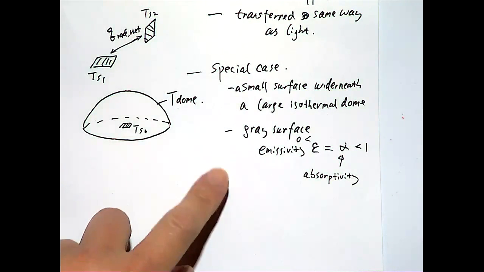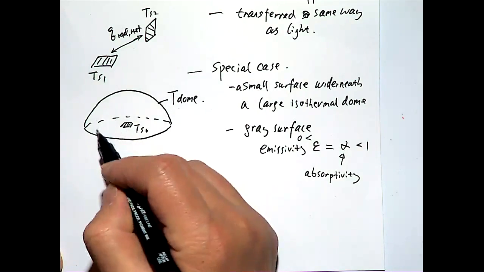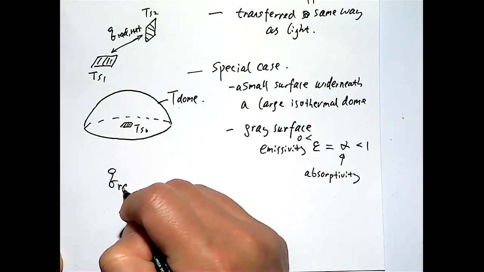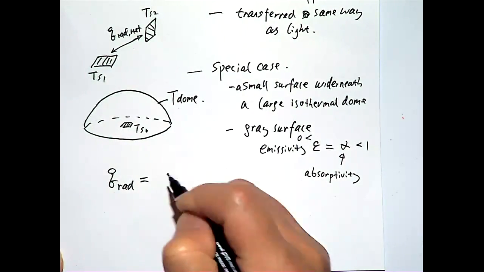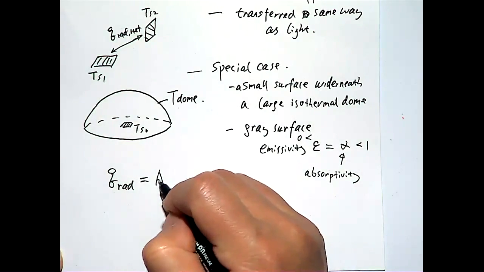So if we assume these two, then we can describe the radiation for this special case as the Q radiation. All right. Again, it's proportional to the surface area.